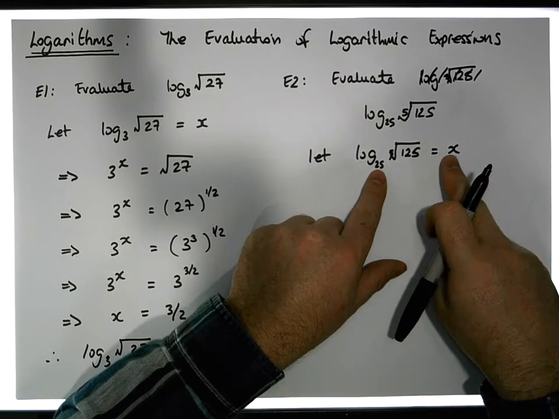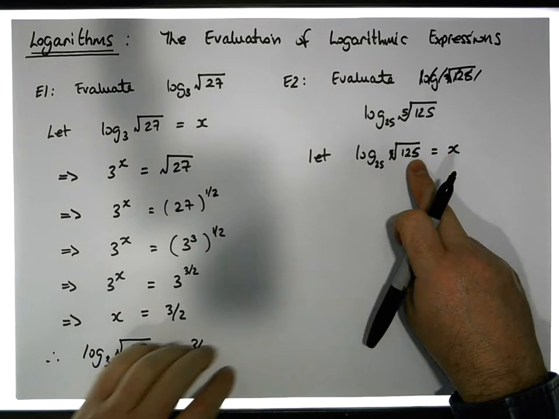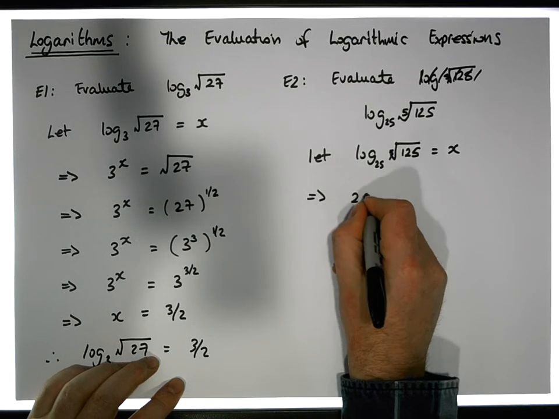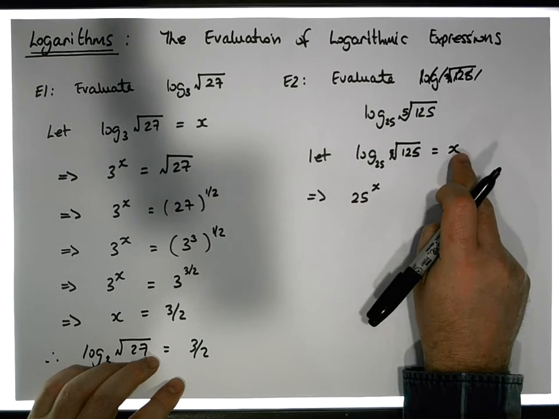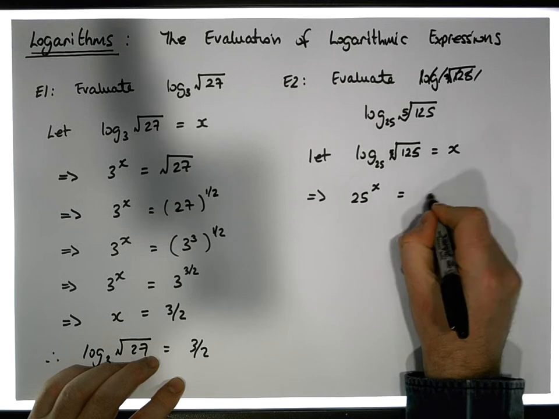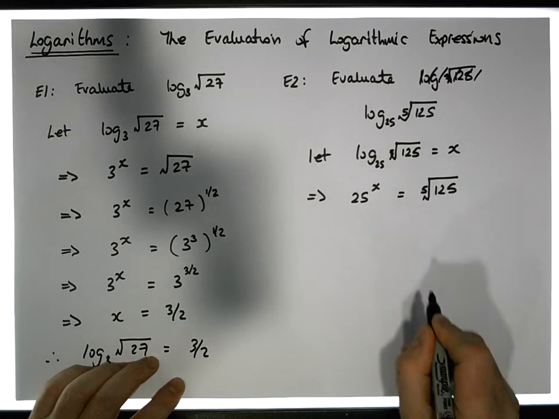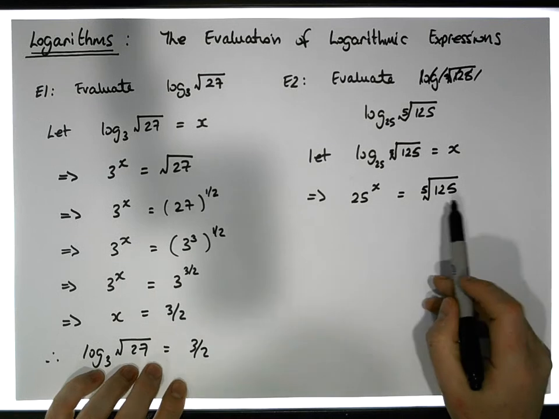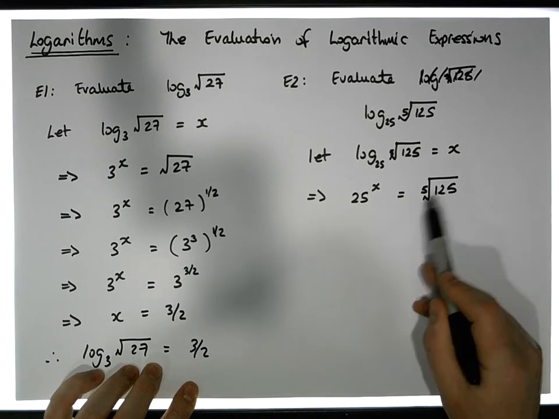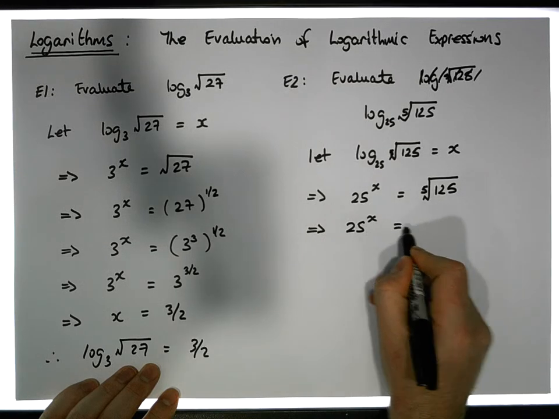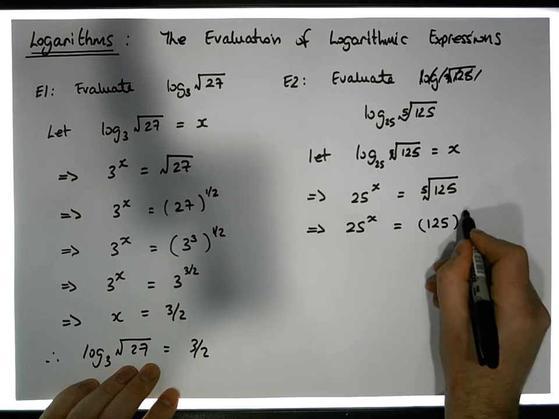That means 25 to the power of x, the base raised to this power, must be equal to the fifth root of 125. Now, what does the fifth root mean? It means you're raising something to the power of 1/5. So 25 to the power of x must be equal to 125 raised to the power of a fifth.